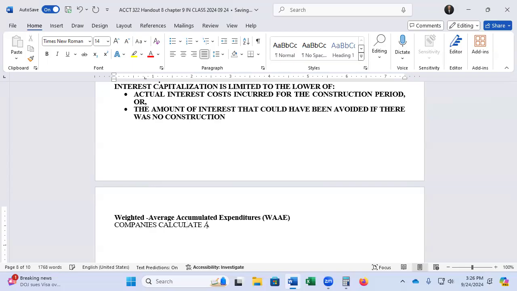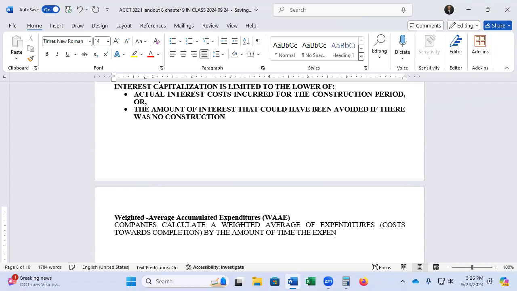Companies calculate a weighted average of expenditures, and this would be costs towards completion, by the amount of time that the expenditure would be incurring interest.